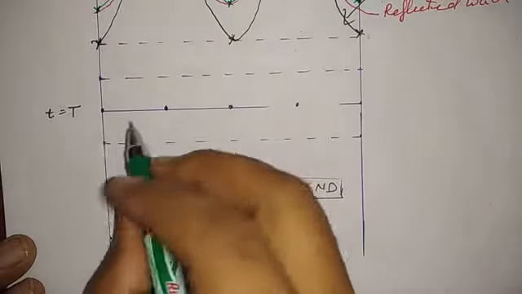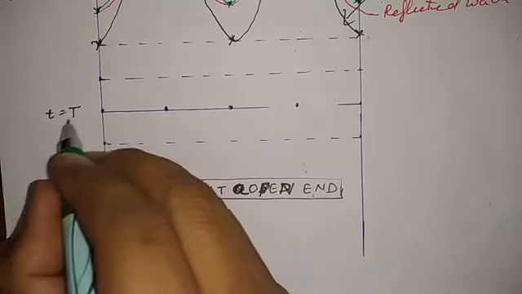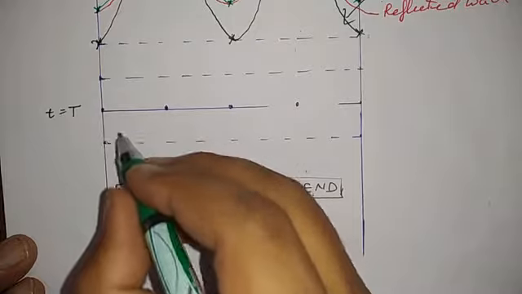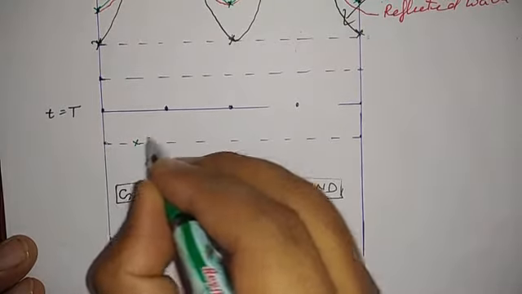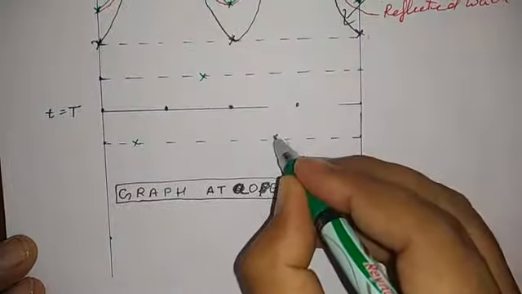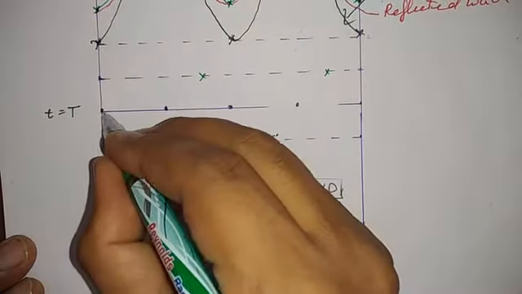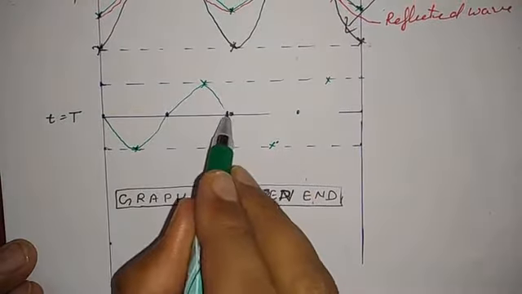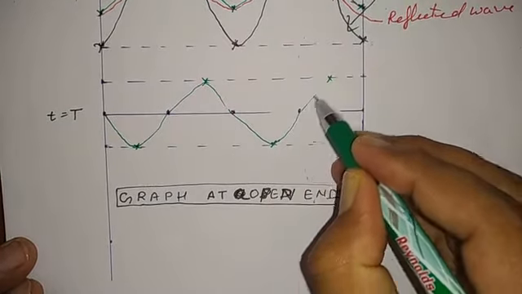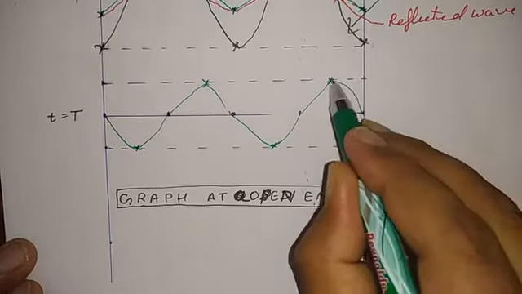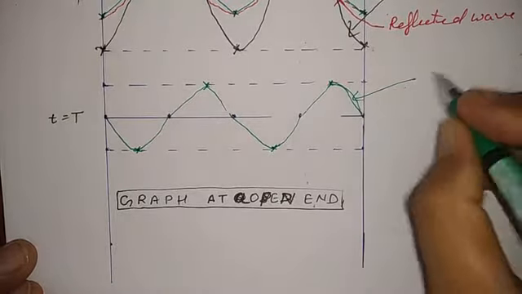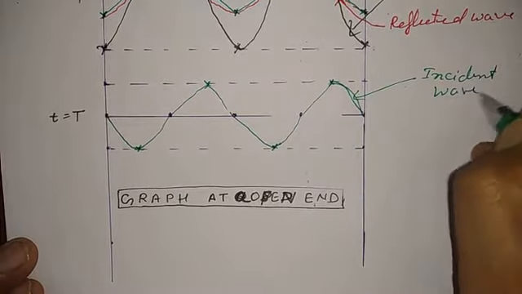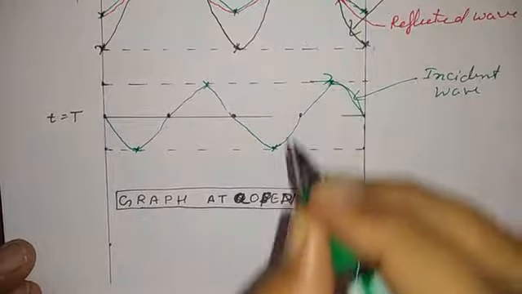So when we plot a graph for the incident wave at t is equal to capital T, since the incident wave was on the negative side, see how this incident wave is formed. This is the incident wave traveling in this direction.